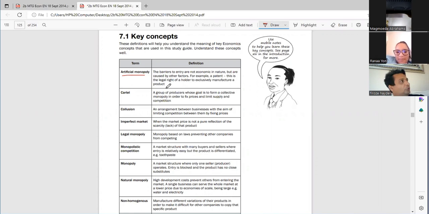Artificial monopoly. What's an artificial monopoly? The barriers to entry are not economic in nature, but are caused by other factors. For example, it's patented. In other words, when there's an artificial monopoly, it is exclusive. For example, Eskom. No one else can get electricity. Am I right? So Eskom is the perfect monopoly. Why?